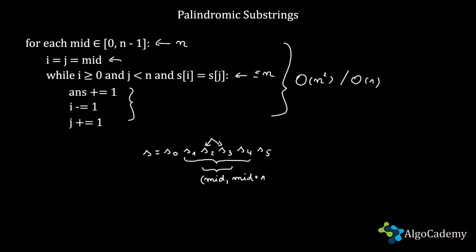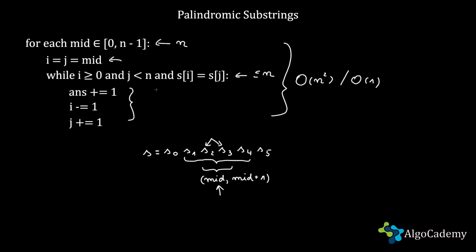So all I need to do is still try out each and every value of mid, like we did here, but mid now should be less than n minus 1, so I make sure that mid plus 1 also exists. Then, same spiel, we start with those 2 characters, we make sure that they are equal, so we have a palindrome, and then we move 1 element to the left and 1 to the right each time until we hit the first bad substring.